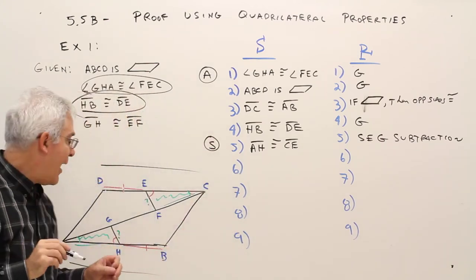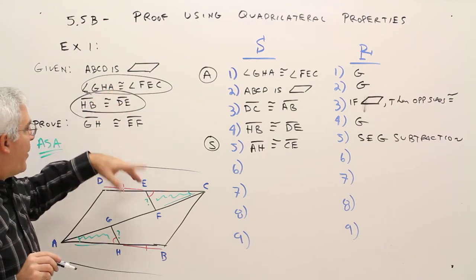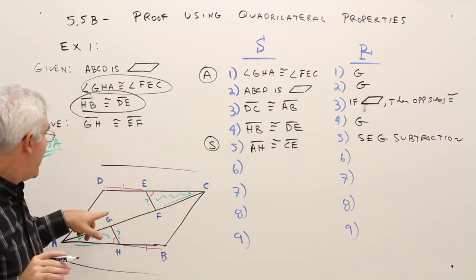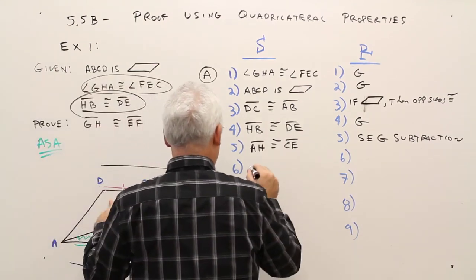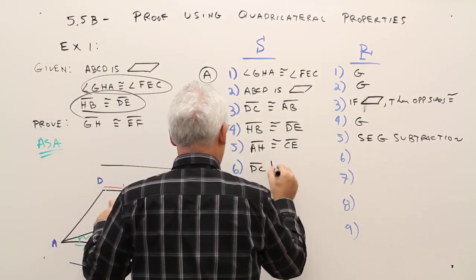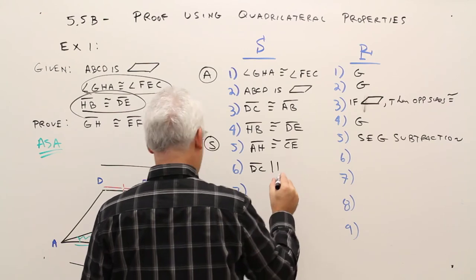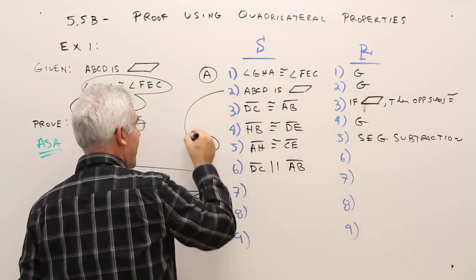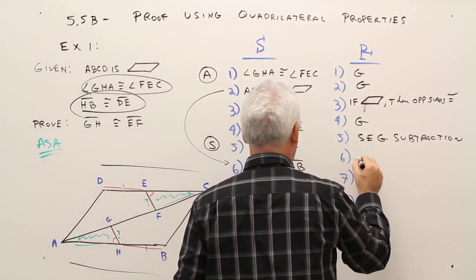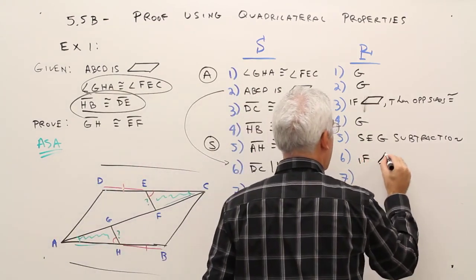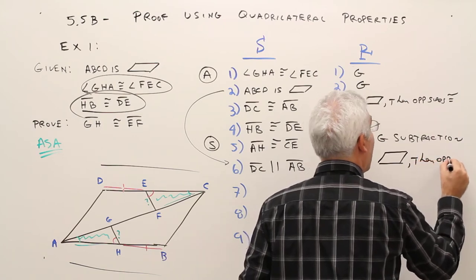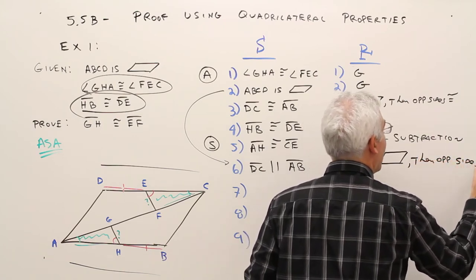Then I'm going to go for the angles. So I've already got that I'm a parallelogram, so now I can state that I've got parallel lines. So I can say line DC is parallel to line AB, and again that stems from this thing right here. If parallelogram, then opposite sides are parallel.